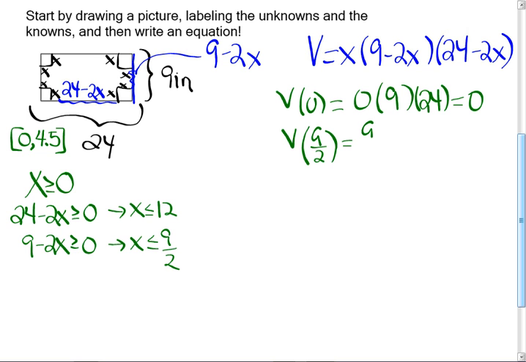So it's 9 halves. 9 minus 2 times 9 halves, which is what? No. 9 minus 9 is 0. Sorry. So the volume when x is 0 is 0. The volume when x is 9 halves, which means that you're making this side really, really small, it's going to be 0.